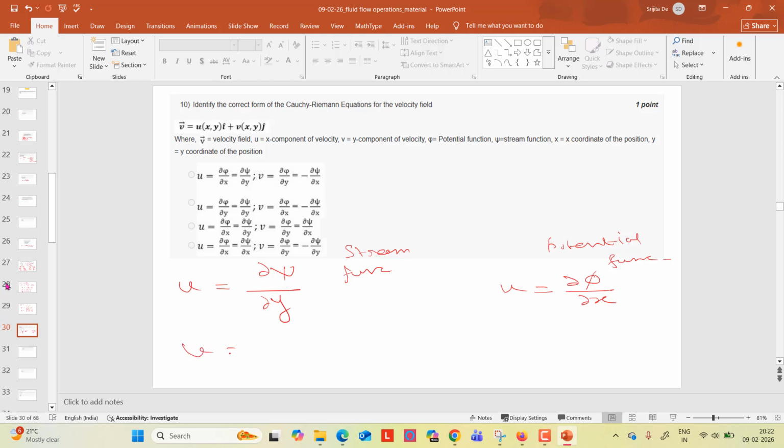Here v equals minus del psi del x and v equals del phi del y. So where is it correct? I think it is option 1. u equals del phi del x equals del psi del y, v equals del phi del y equals minus del psi del x. Yes, it is option A.